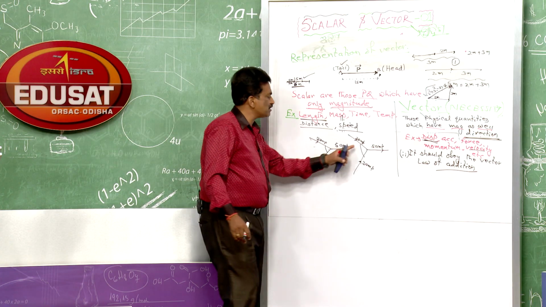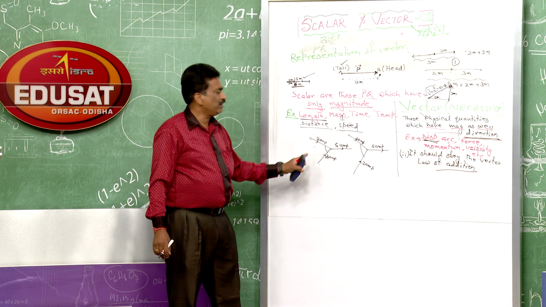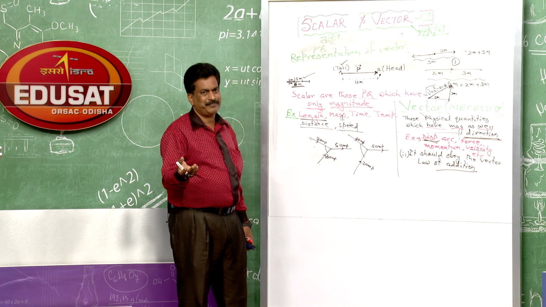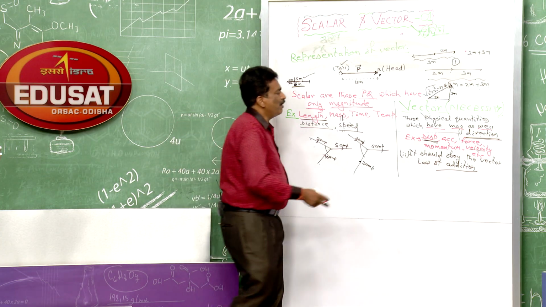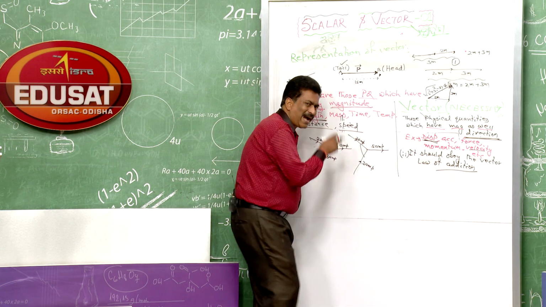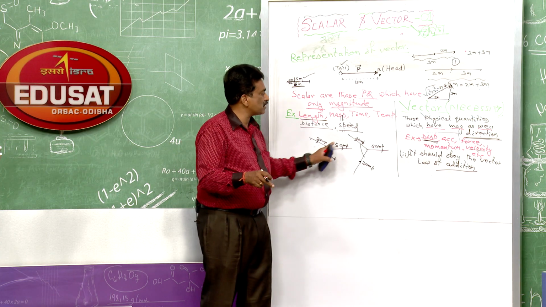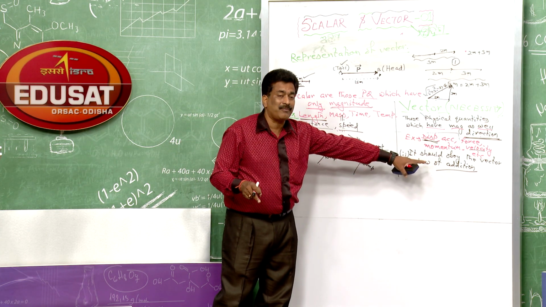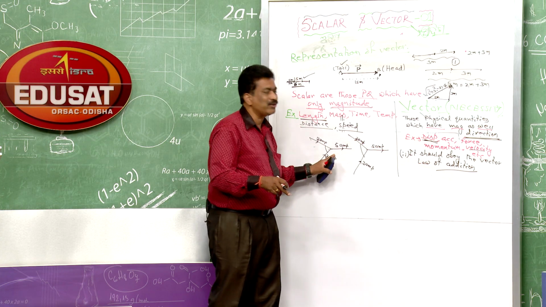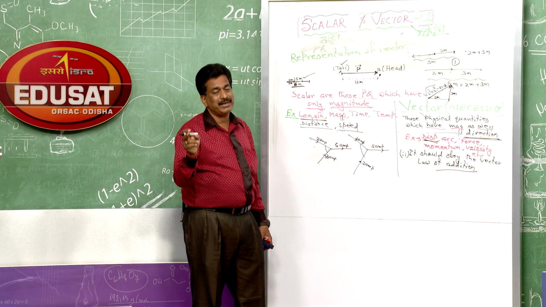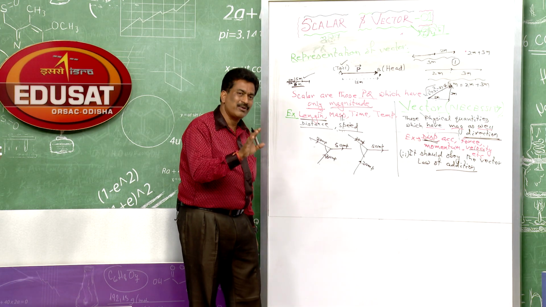But for current, as the angles are different, the net value remains the same. So the example is, current has direction, though it is not satisfying the vector law for addition, therefore we say that current is not a vector quantity, it is a scalar quantity.